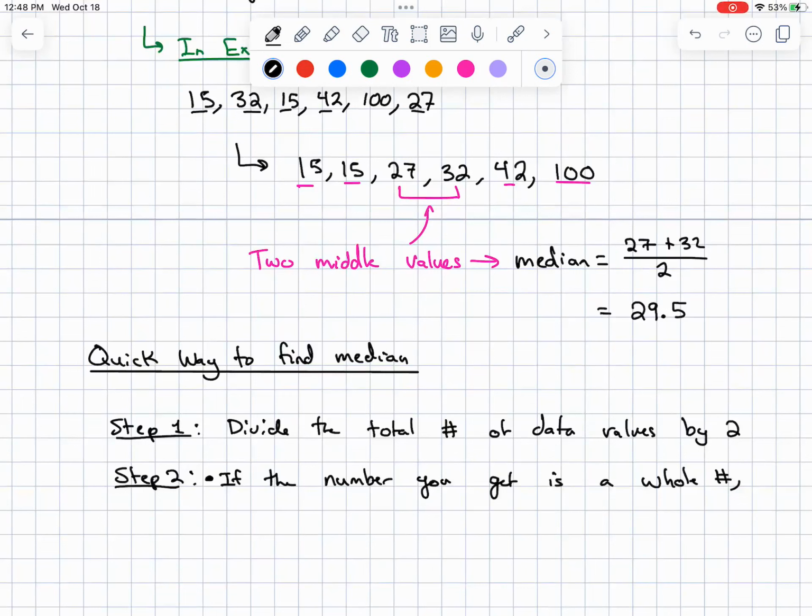Like if you divide 6 by 2, you get 3. That's a whole number, so 3 is your n value. Then you have 2 middle values.